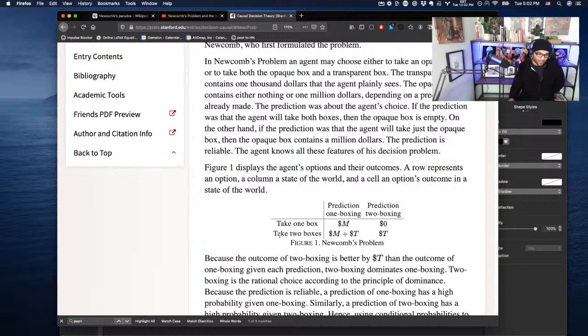One contains maybe $1 million. You have the option of taking one box or both, but the trick is that there's an algorithm that can predict you perfectly, and if it predicts that you're going to take the box that maybe has $1 million, it'll put $1 million into it. If it predicts that you're going to take both boxes, it won't put $1 million into it. And so the question is, what should you pick?